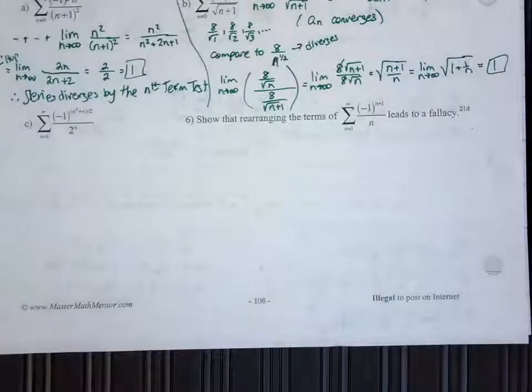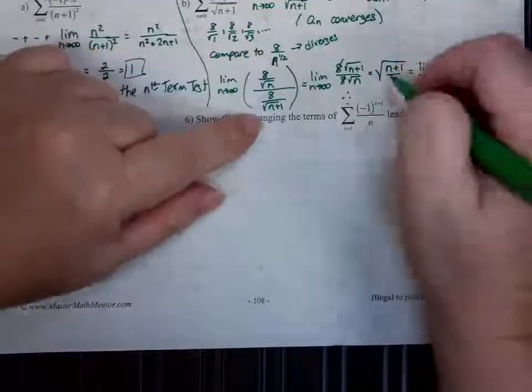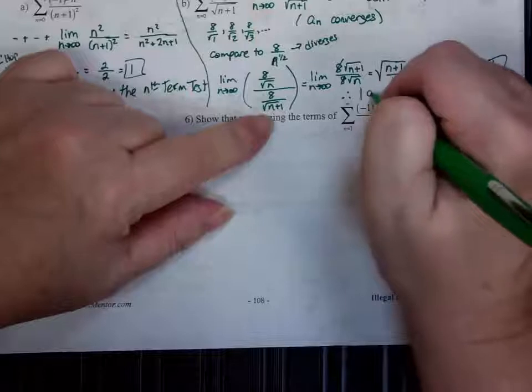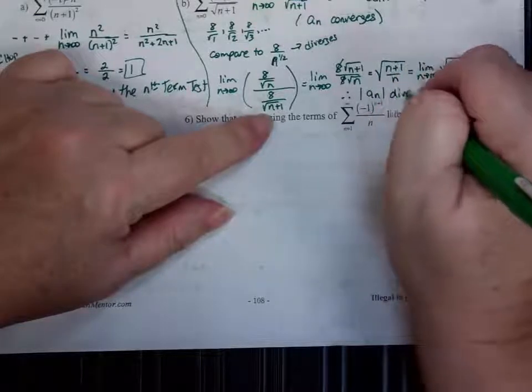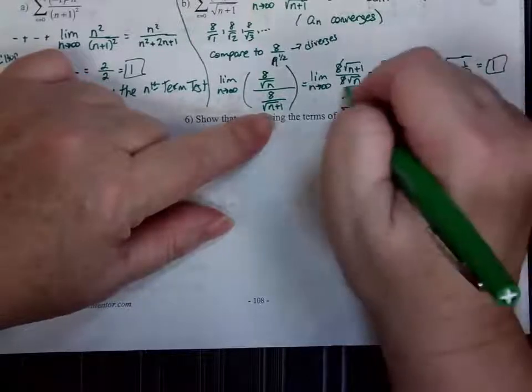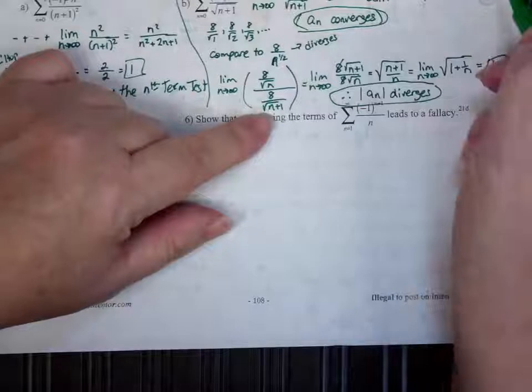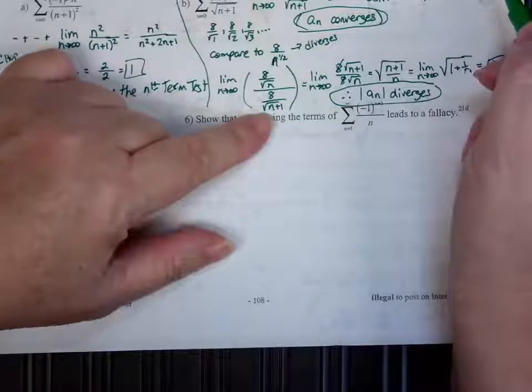I care that I get a number. And if I get a number, the two series do the same thing. So therefore, this one's going to do what? It diverges. Therefore, the absolute value of a sub n diverges. Okay? So the absolute value one diverges, the regular one converges. So is that the conditionally or is that the absolutely? That's the conditionally.